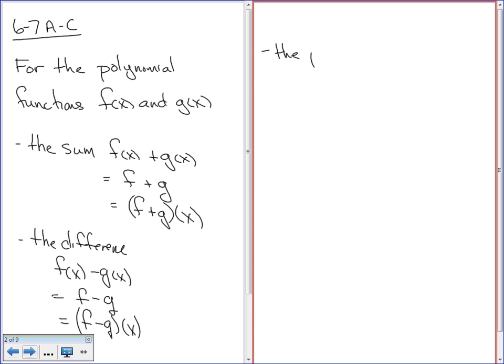The product is f of x times g of x, or f times g, or f times g of x. So 3 different ways of writing the exact same question for each part. Okay. So let's just do a quick example.